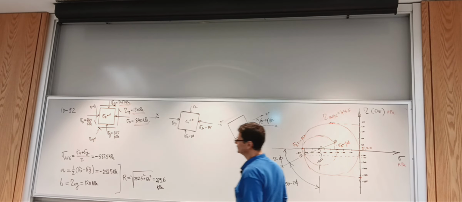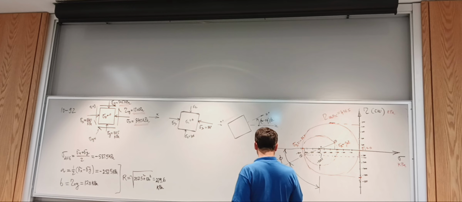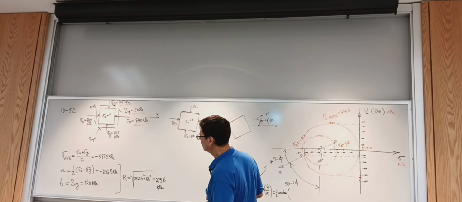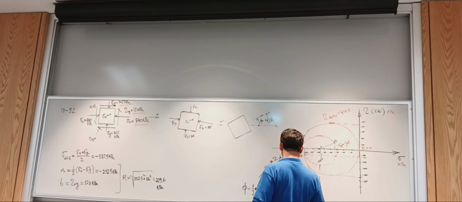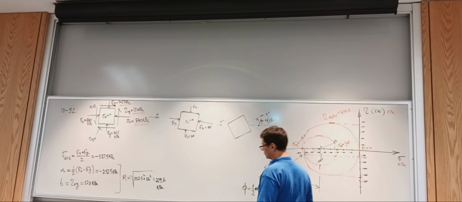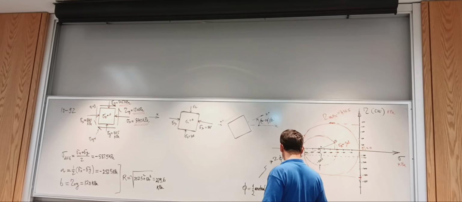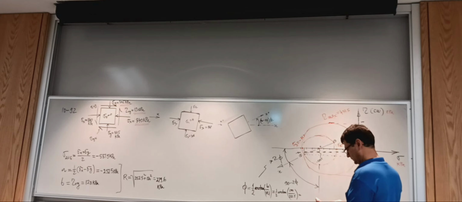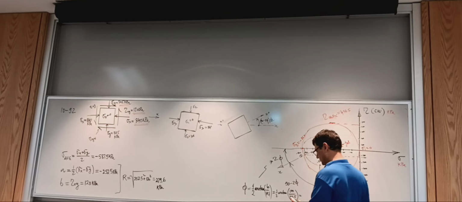The arctangent, we said, of b over a, is 1/2 arctangent of 120, taking absolute value, over 252.5. 120 over 252.5, arctangent, then divide by 2, is 12.71.